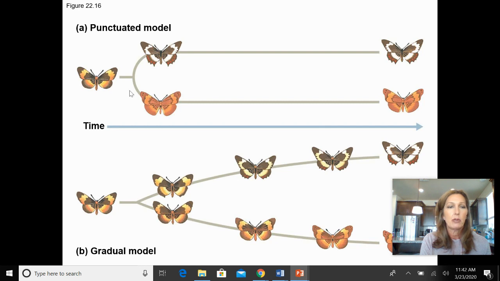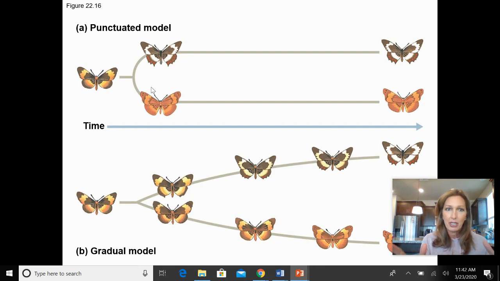Something you need to make sure you understand is that punctuated equilibria is really what we tend to see in the fossil record. We see some type of catastrophic event, and that leads to a rapid accumulation of new novel traits, rapid accumulation of changes.